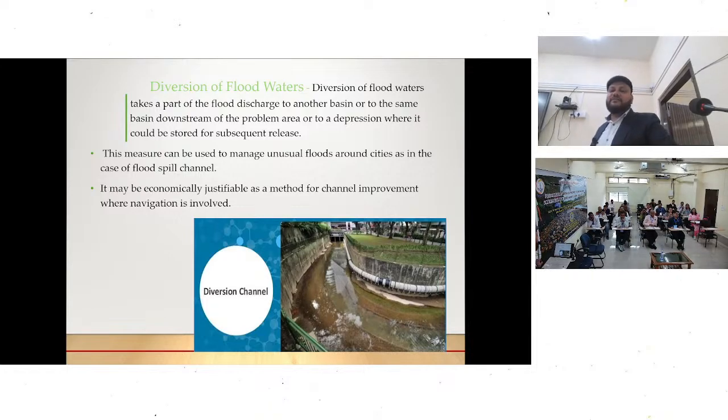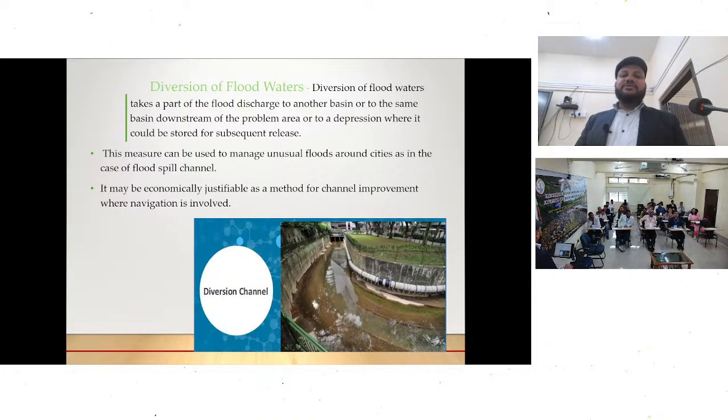And diversion of flood waters. Actually, what we do is divert some water to alternative channels, so that water is diverted from the main stream to the other channels, and it will serve the purpose. It will decrease the pressure in the main channel.